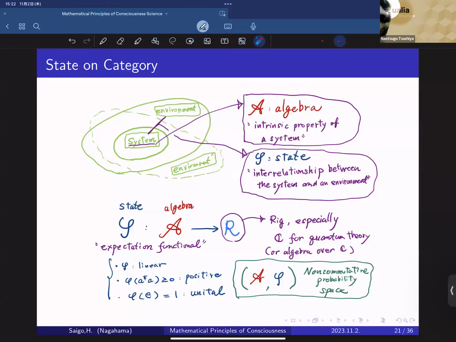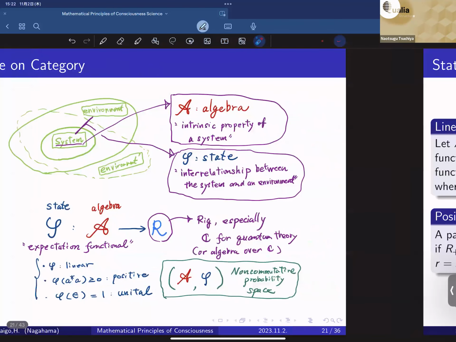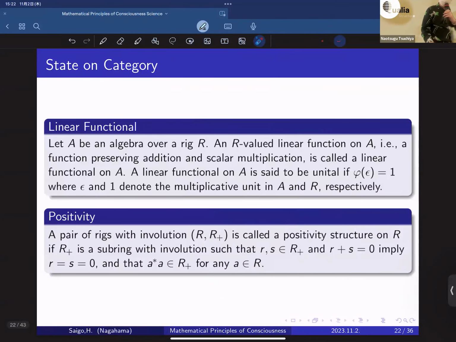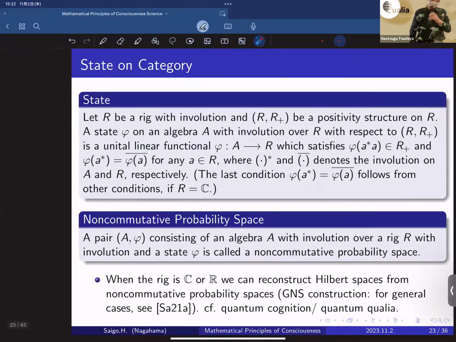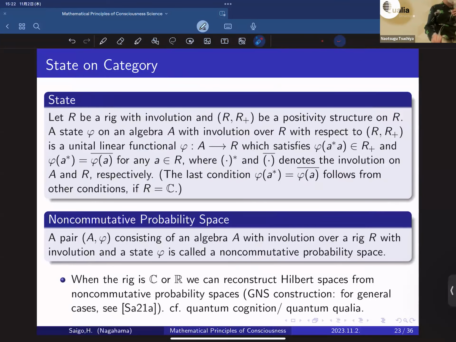Then this interrelationship determines each state. So this is a non-commutative probability space if it embodies the statistical nature. Okay, I explained this.